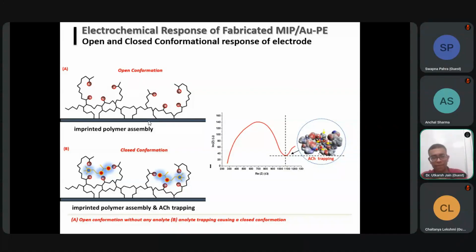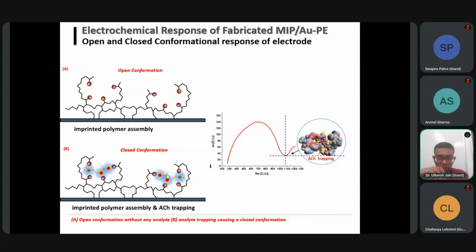Now suppose I have a sample, and in that sample I am going to detect a particular molecule for which I have developed a molecularly imprinted polymer. This sample having the molecule will go, and the molecules get entrapped in the sieves which are specifically for that size, and they close the whole conformation after the washing.